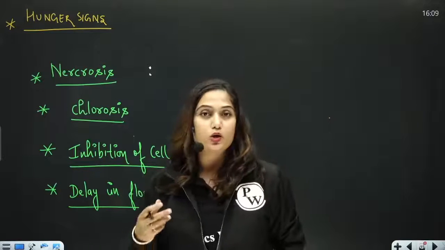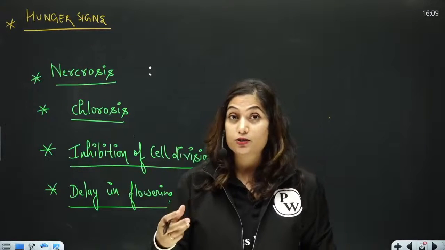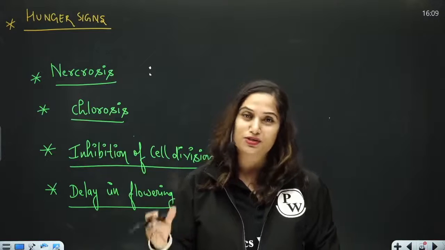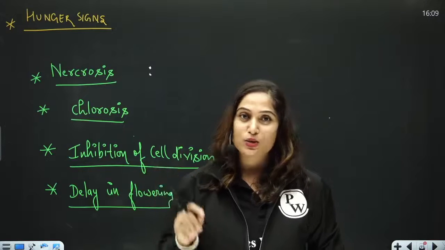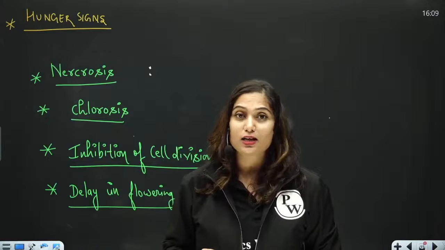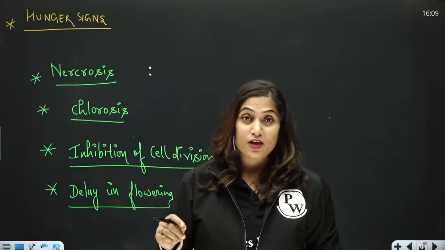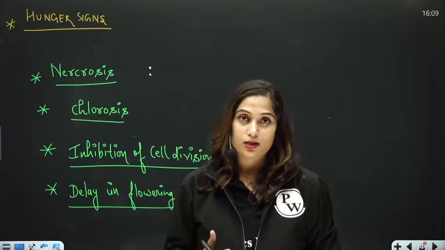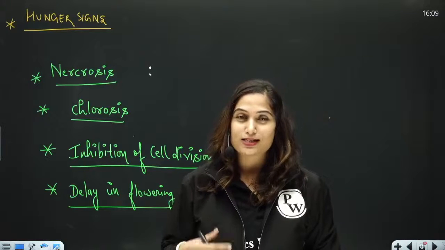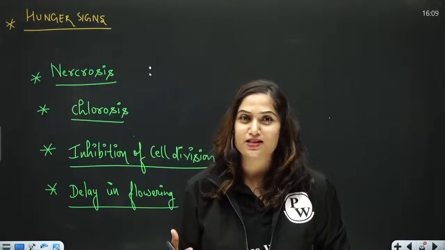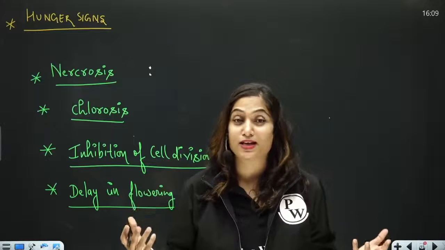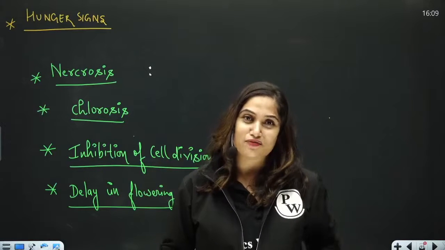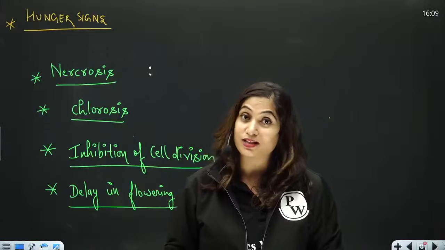There is a particular concentration of every mineral element which is required by the plant, and that concentration is called the critical concentration. If the plant gets any mineral element below the critical concentration, it shows some symptoms, some hunger signs that I want this mineral element. These hunger signs are the deficiency symptoms shown by the plants.